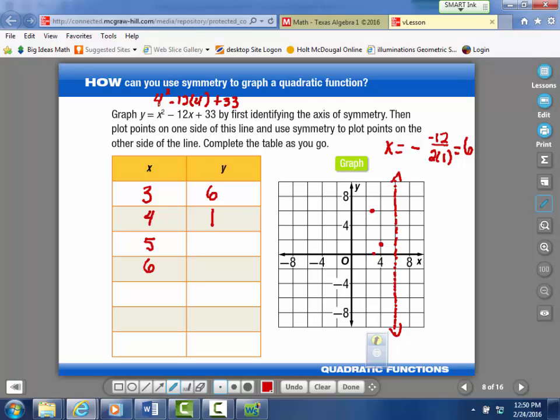Okay, so we're going to plug in 5 just the way we did 4, and should get -2. And then we plug 6 in, and we get -3. Okay, so 5, -2, about there, and 6 will be at -3, which is here.